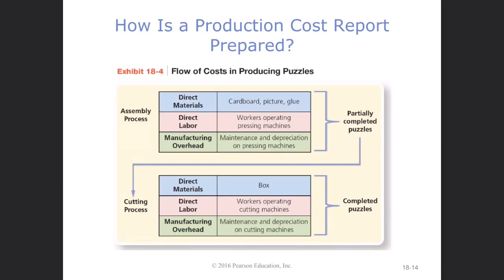Our manufacturing overhead, same, it's the maintenance and depreciation, but now we're looking at cutting machines because we're in the cutting process. And then once the puzzles are completed, they are no longer in that assembly or cutting process. They are now completed and ready for sale.